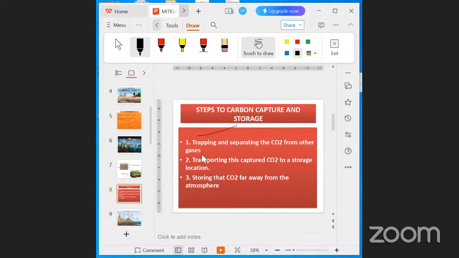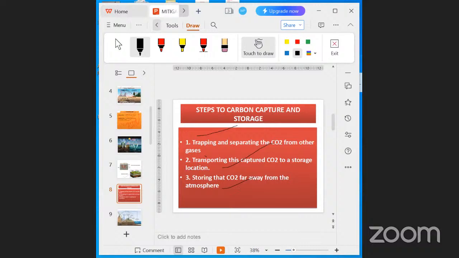The second one is transporting this captured carbon dioxide to a storage location. And the next one is storing that carbon dioxide far away from the atmosphere, which means underground or deep in the ocean.